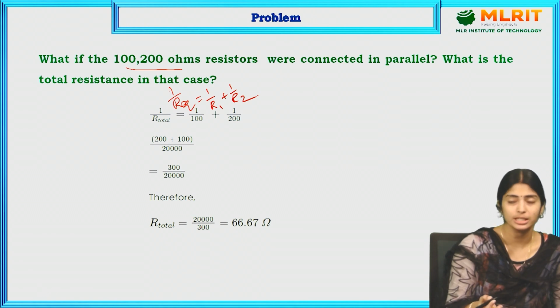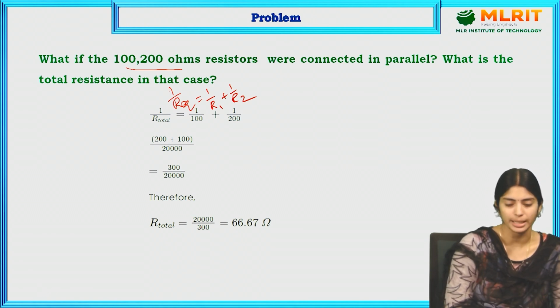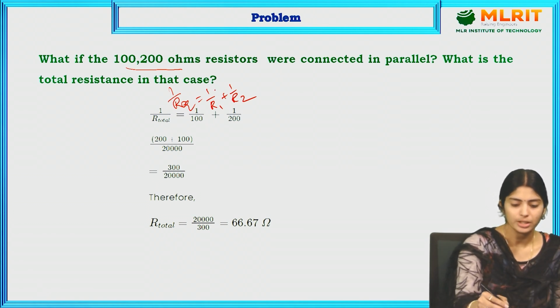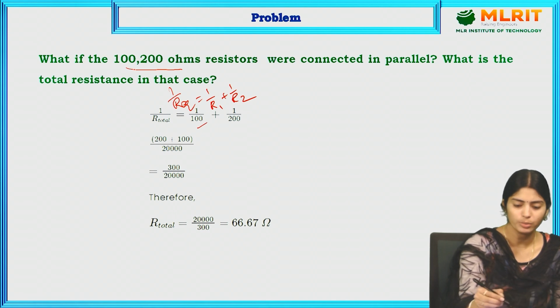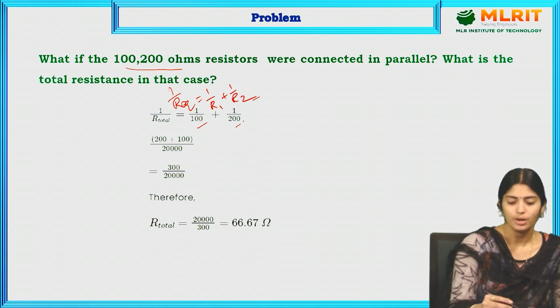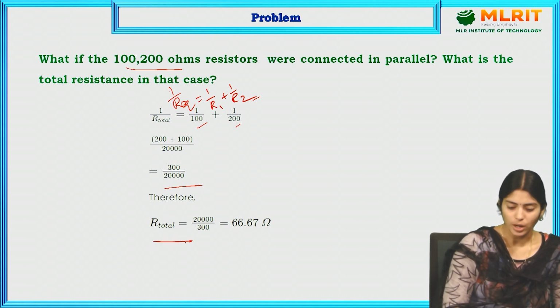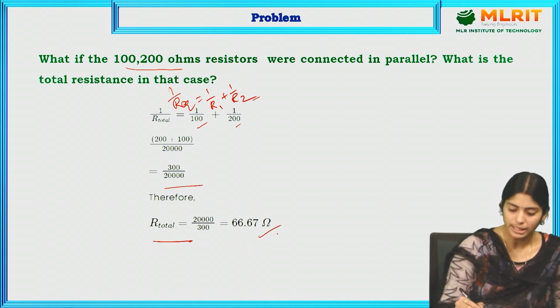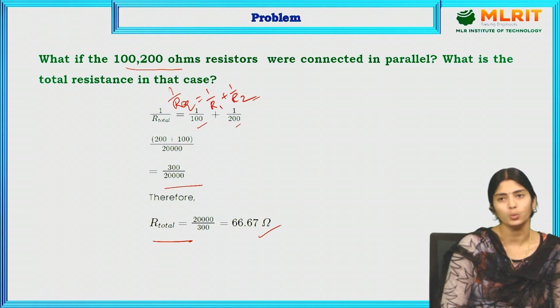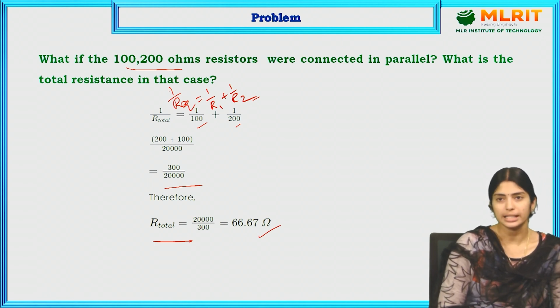Equivalent resistance or total resistance, both are the same. What is the R1 value? 100 ohms. What is the R2 value? 200 ohms. If we take the LCM, we can find the equivalent resistance. So R total, how much did we get? We got 66.67 ohms.